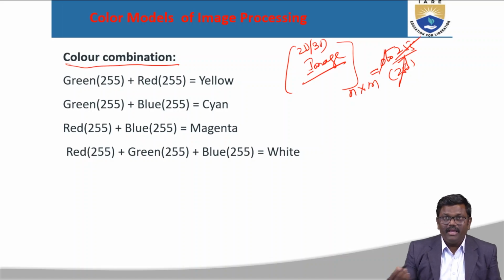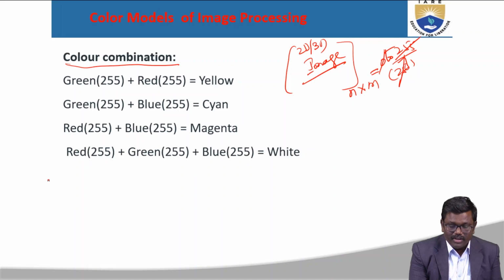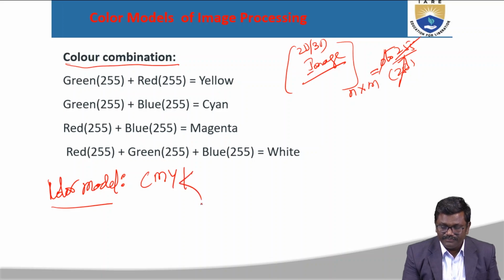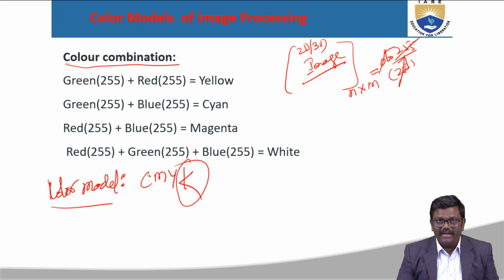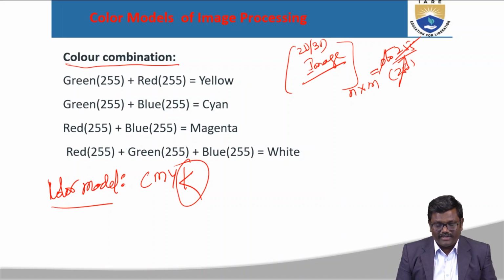Now we want to prepare another color model, which we call CMYK, otherwise written as CMY plus K, where K is an additional mixed color in terms of black.